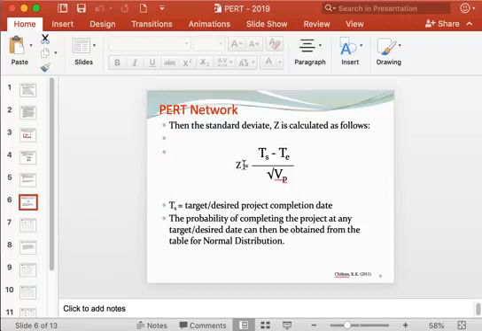Then using this Z value, we can find out the probability of completing the project using what is called the normal distribution table.